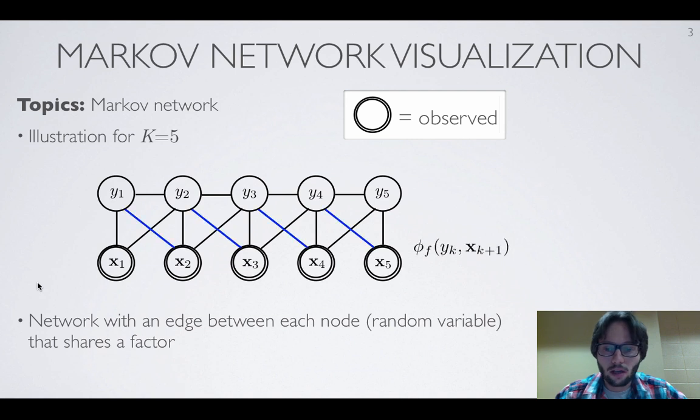And similarly, we'd have diagonal edges like this between each y and the input to its right. So those correspond to this factor here, the factor between yk and xk plus 1. Those were all the unary factors, and then the pairwise factors would correspond to the horizontal edges here between each yk and its neighbor yk plus 1.